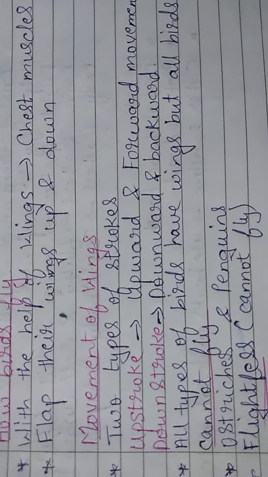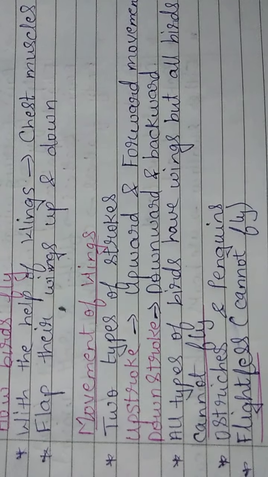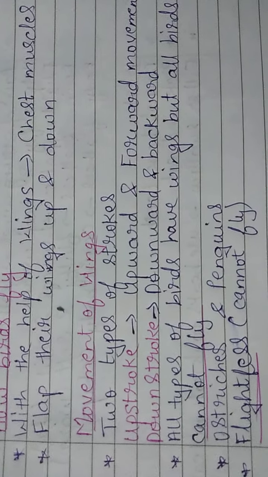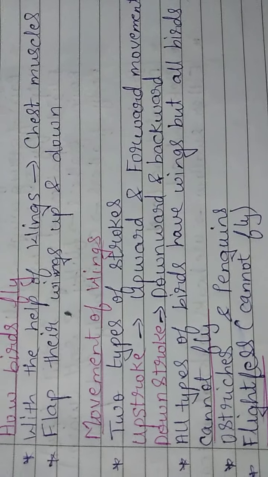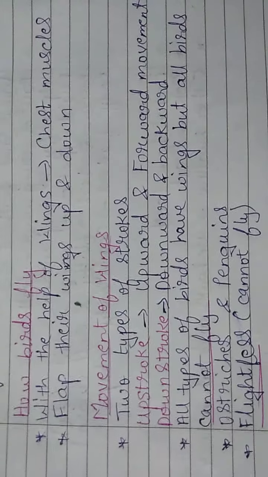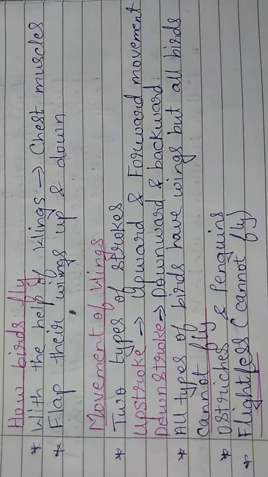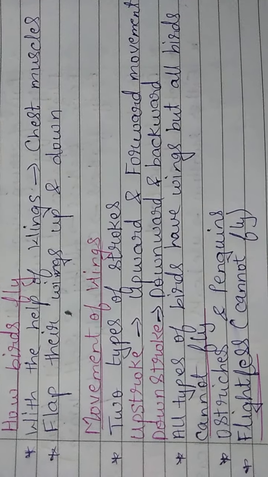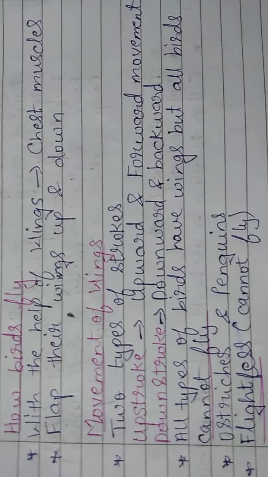They have wings, but they are unable to fly, and such birds are known as flightless birds. Flightless birds means which cannot fly. Flight means to fly, flightless means cannot fly. So ostriches and penguins are some examples of flightless birds, that is, they cannot fly.